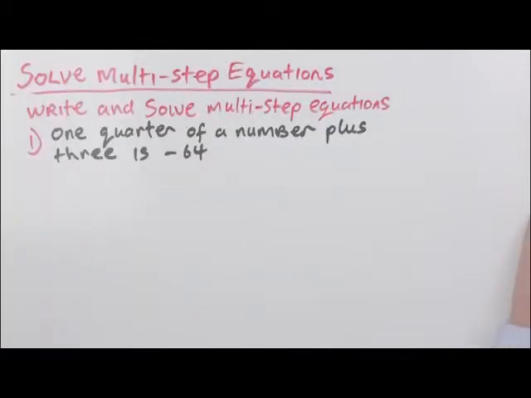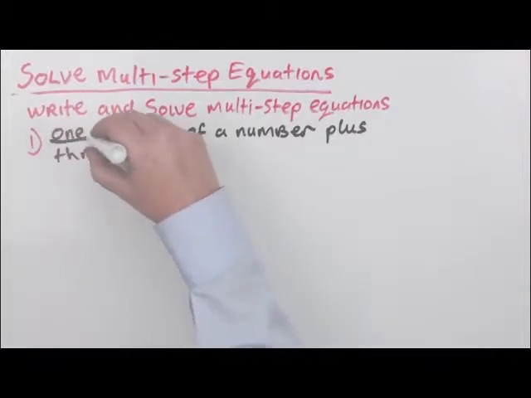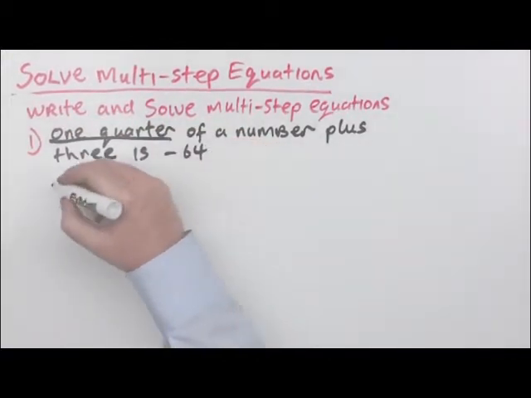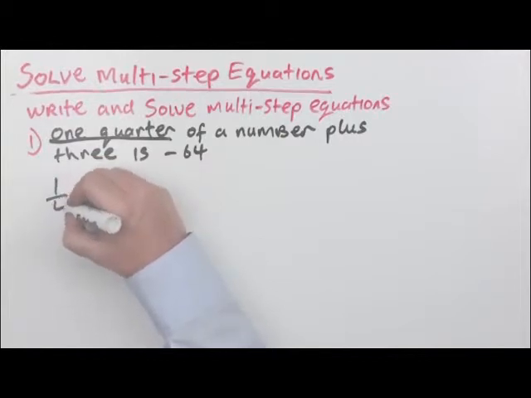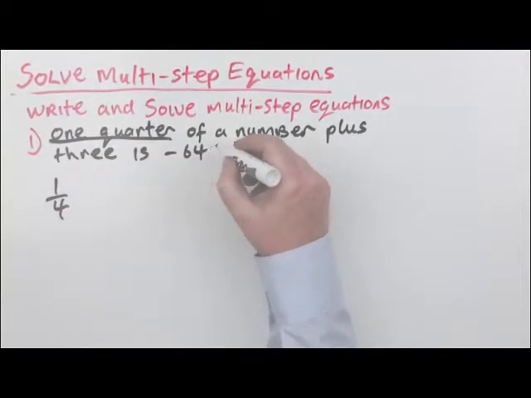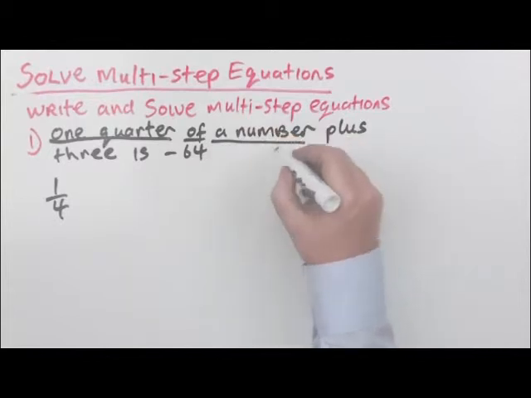Okay, let's look at a word problem we have to make into an algebraic problem and then solve it. So 1/4 of a number plus 3 is negative 64. Let's write down 1/4. Of usually means multiply.